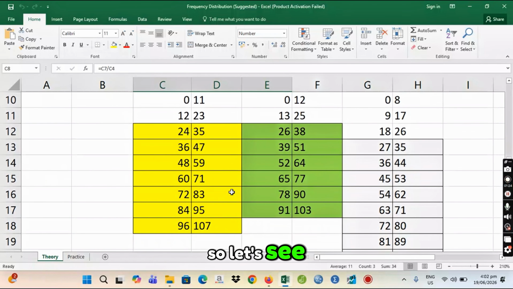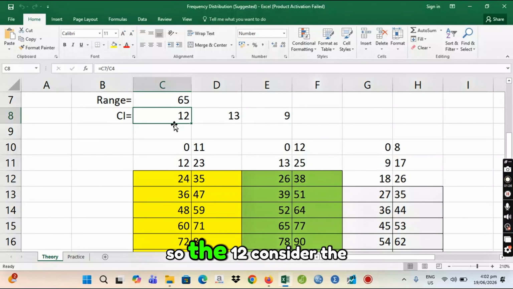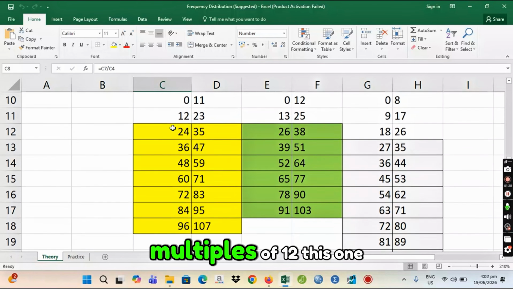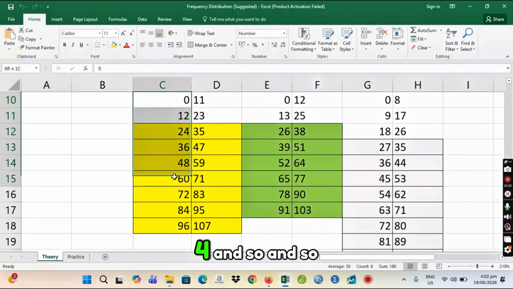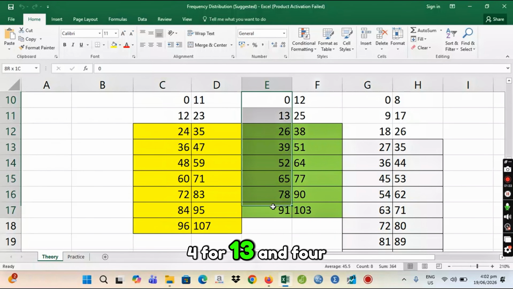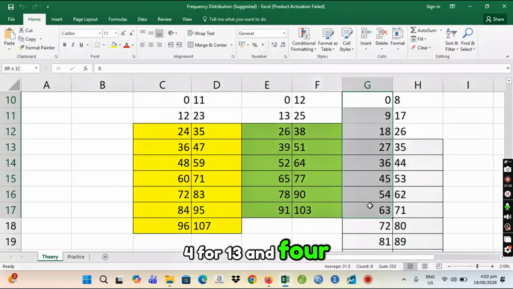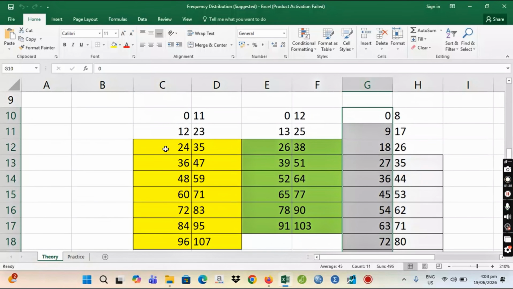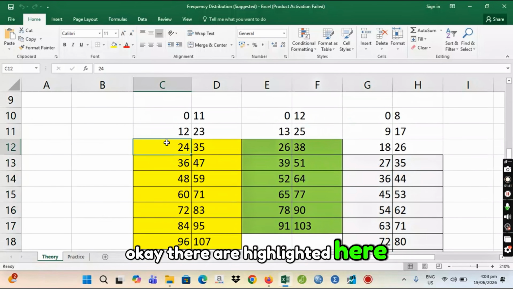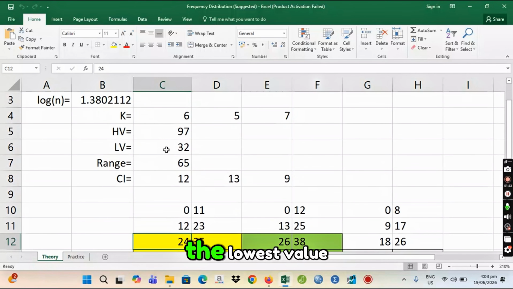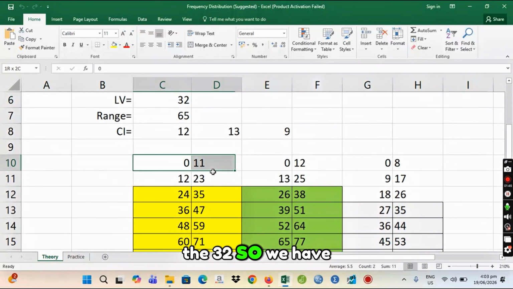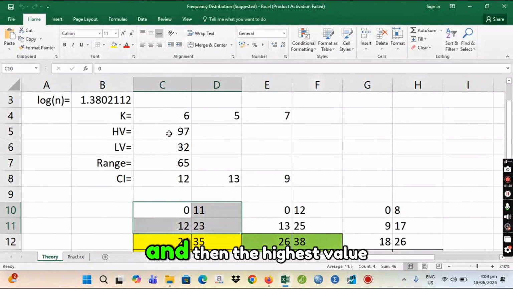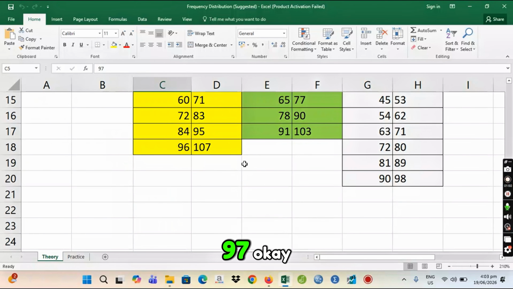So let's see the 12. Consider the multiples of 12, and so on and so forth, for 13 and for 9. As you can see, there are highlighted values here because we have to consider the lowest value, the 32, so we have to remove this one. And then the highest value, 97.